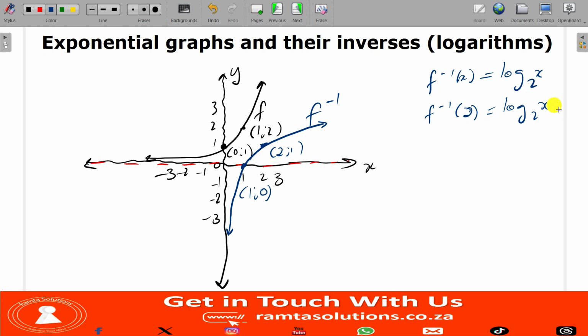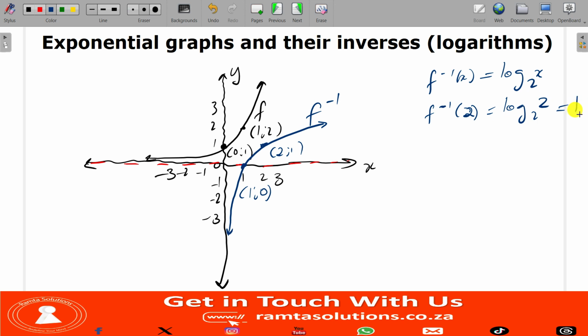Your calculator will return 1, isn't it? Remember, the calculator doesn't have f to the minus 1, but I think current calculators have. When you say log 2 base 2, you get 1.